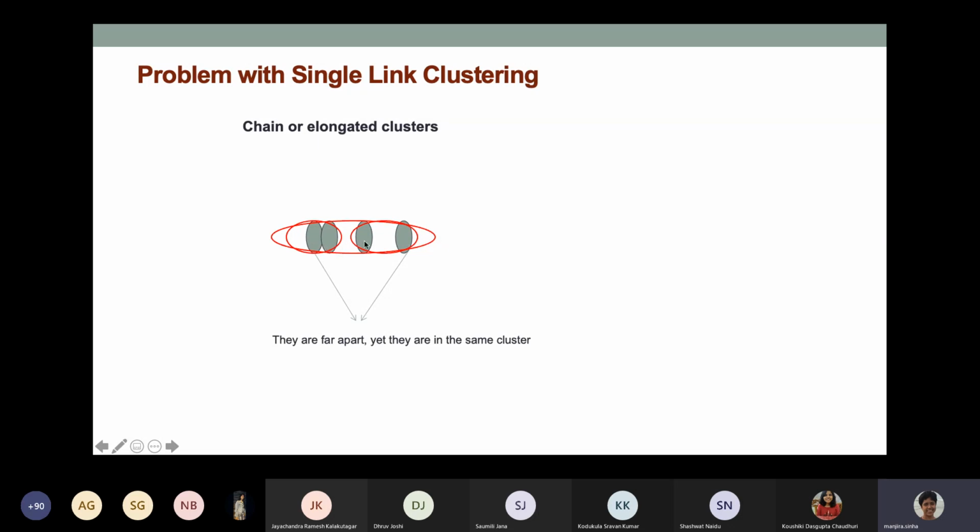These two groups, this cluster and this cluster, are far away, but we are connecting them into a single cluster. Another problem is that when we come up with these two clusters, we are only considering these smaller red circles to group them in the cluster.